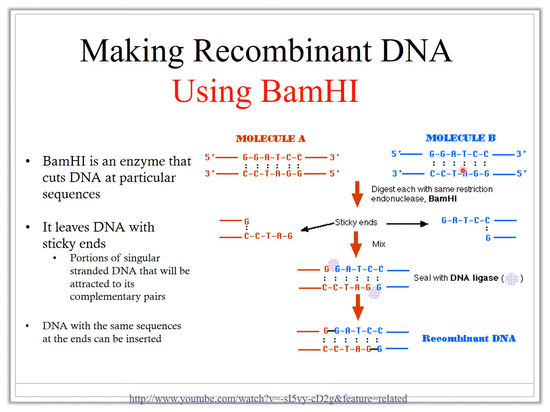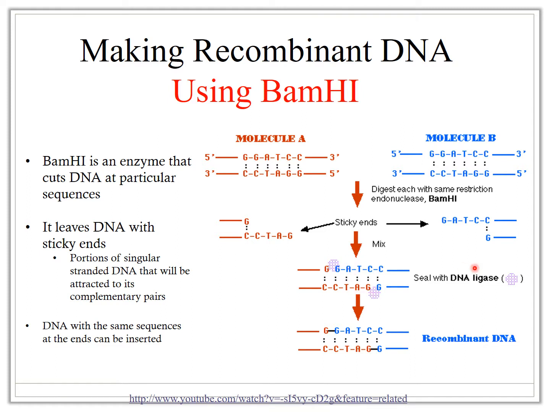Well, if you cut this molecule and you cut this molecule, then these two molecules can be put together. This sticky end and this sticky end line up as complementary pairs, G to C, A to T, T to A, C to G, and they fit very well together.